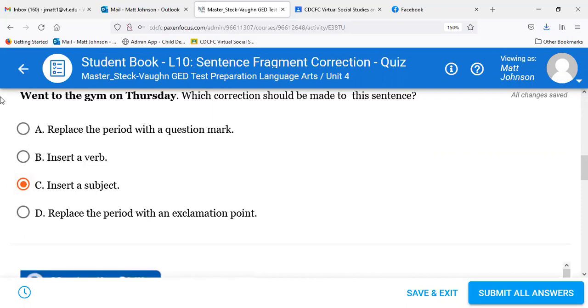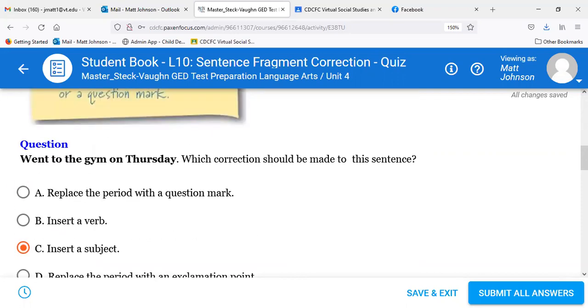Whatever it is, it's going to be in front of went, right? Went is our verb. And then the rest of it, to the gym on Thursday, all of this is the rest of the complete statement.